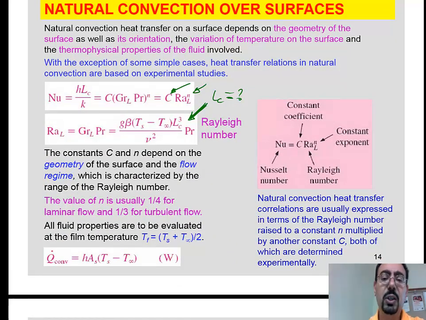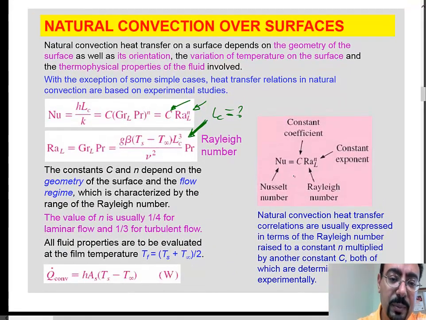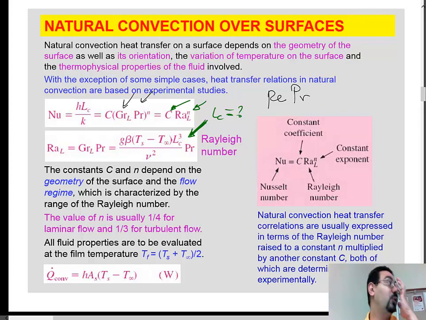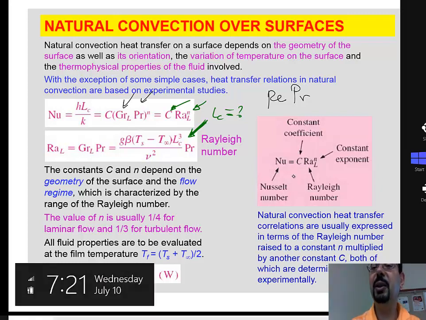All right. So the formula eventually becomes the Grashof number times the Prandtl number, just like before it was Reynolds multiplied by Prandtl. Remember, in every forced convection equation we had the Reynolds multiplied by Prandtl, because the Reynolds told us how quickly the flow is moving, and the Prandtl did what?